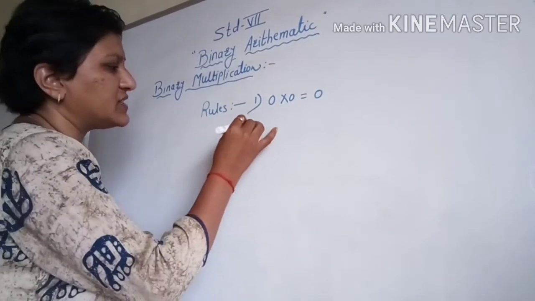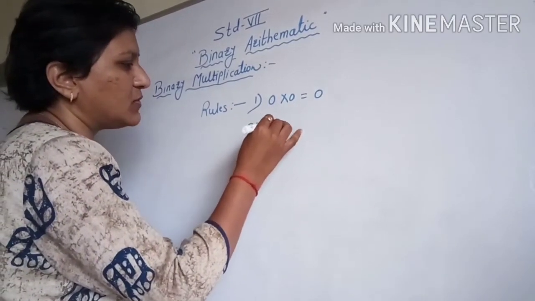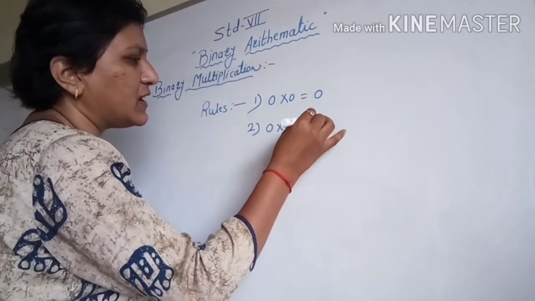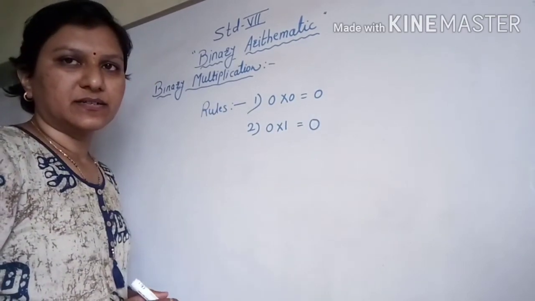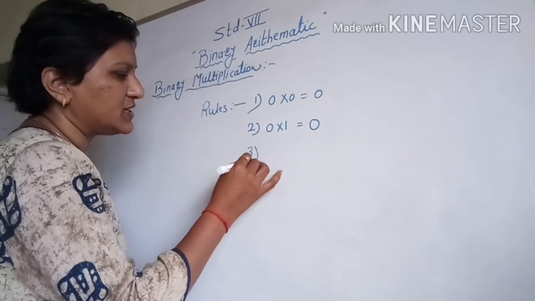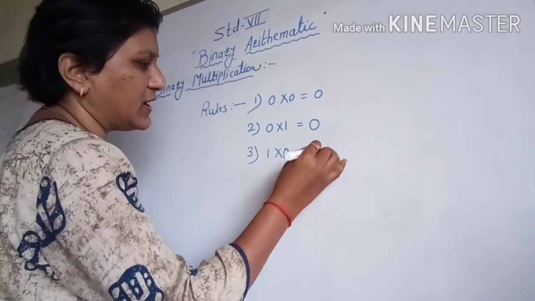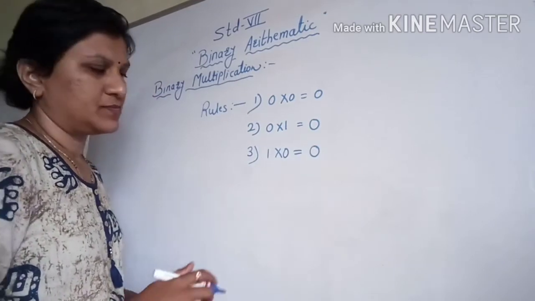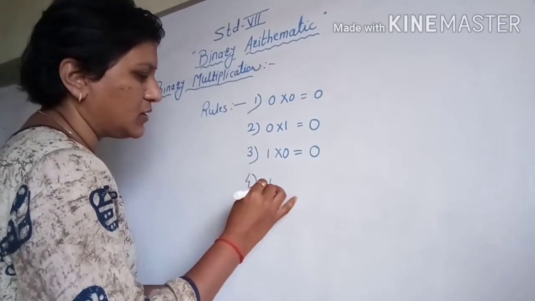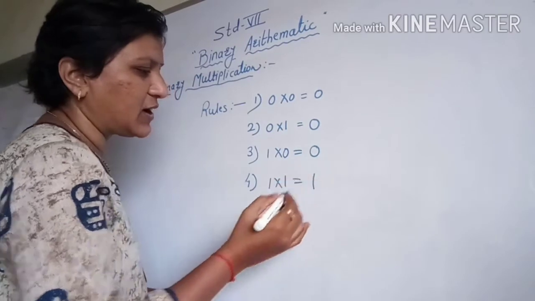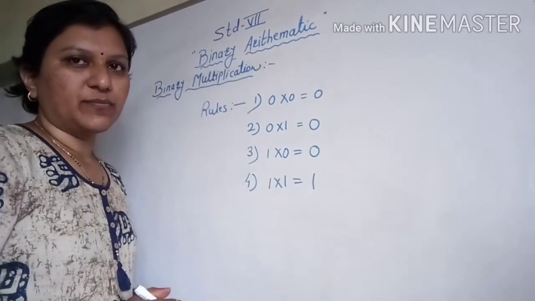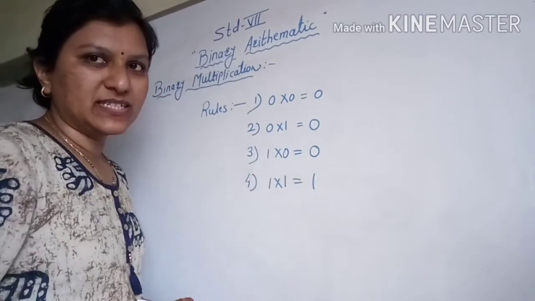The second rule says 0 multiplied by 1 will have the value 0 again. The third rule says 1 multiplied by 0 will have the value 0. And the fourth rule, 1 multiplied by 1 will have the value 1. So I am going to write down all these rules on one side of the board.